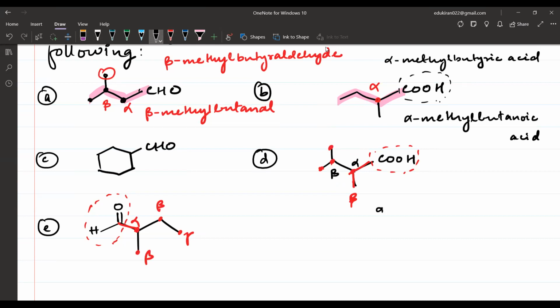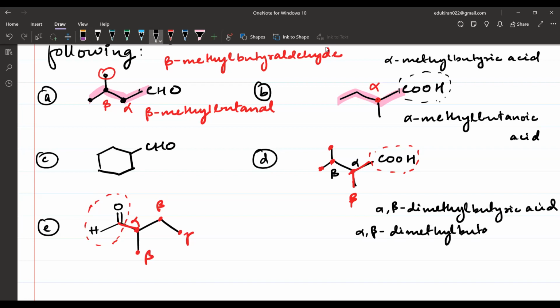So it will be alpha, comma beta, dimethyl butyric acid, or alpha, comma beta, dimethyl butanoic acid.